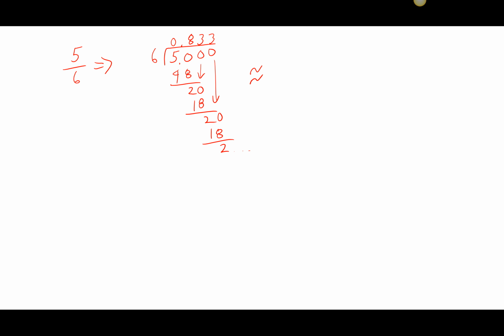That just means it continues. Otherwise it would be 0.833333, keeps going. Anytime you have a number repeating, if you put the bar above it, it's understood that that number repeats.